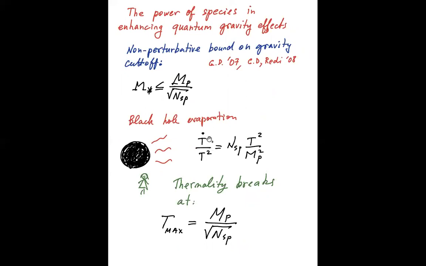This expression is directly derived from Hawking with no extra assumptions. You take Hawking's Stefan-Boltzmann law of how a black hole loses its mass, and the relation between temperature and the radius, and with no extra assumption, you immediately derive this equation. Now, this equation tells you that there is a limit to thermality. Why? Because exact thermal states are the ones for which temperature is constant.